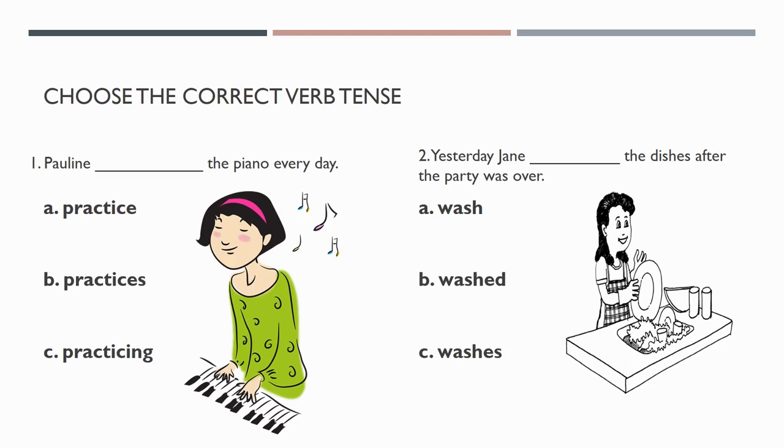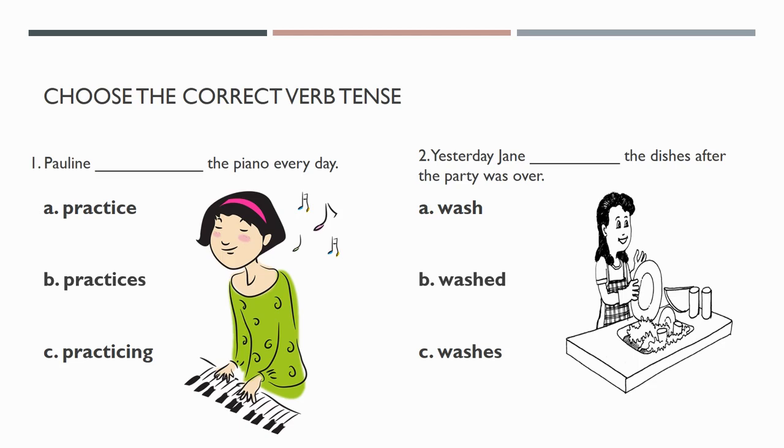And for those who forgot, if our subject is singular, we're referring to one person, our verb in most cases has an S onto it. Alright? And notice that it's happening now. She practices the piano every day. That is something that occurs habitually.